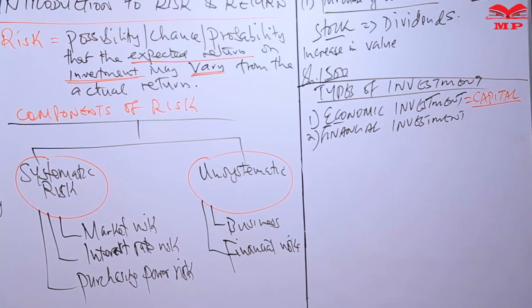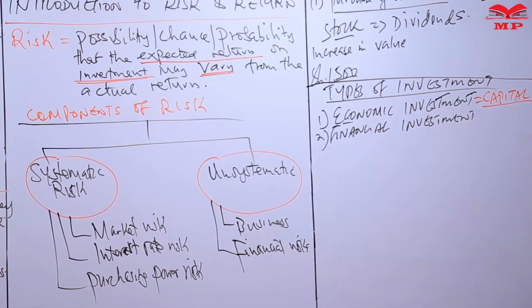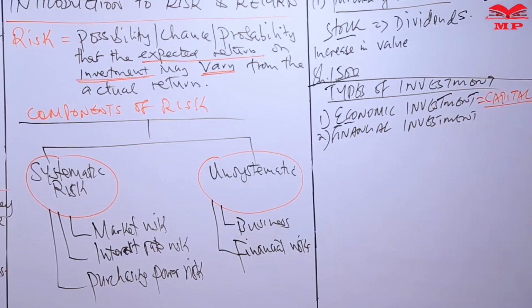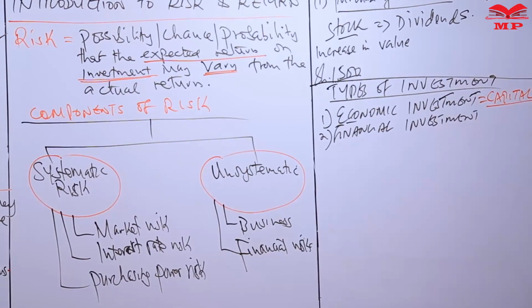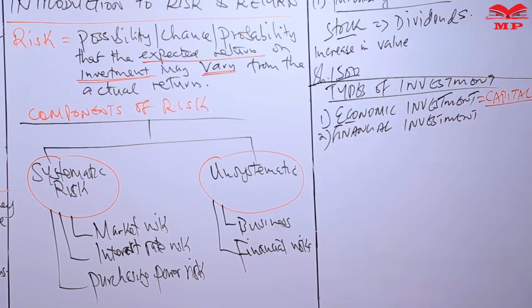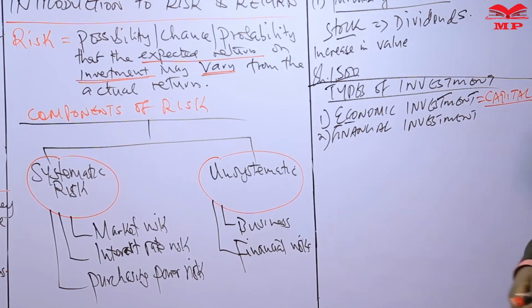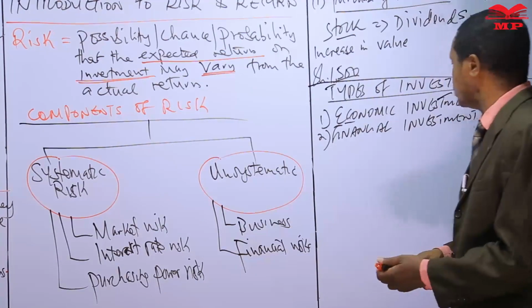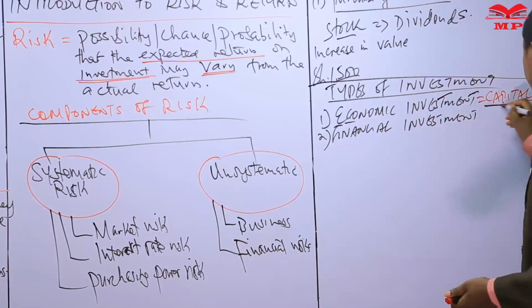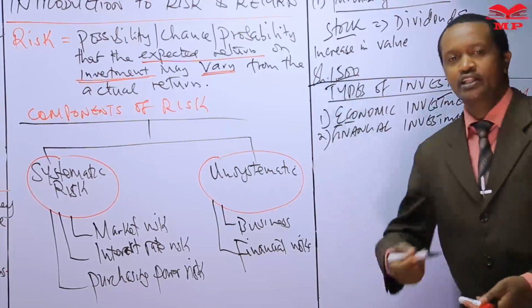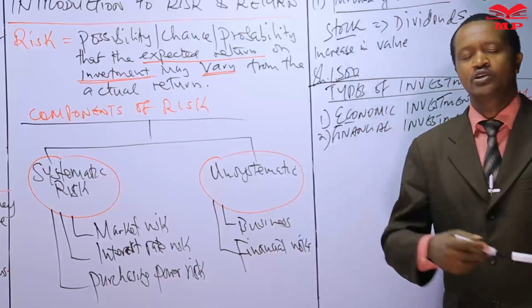So what are these capital goods or capital stock? Now, capital stock refers to the goods and services that are used in the production of other goods or services.